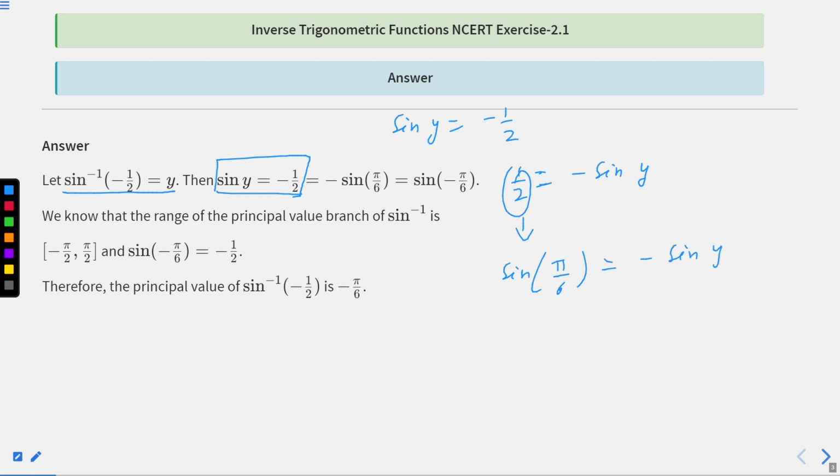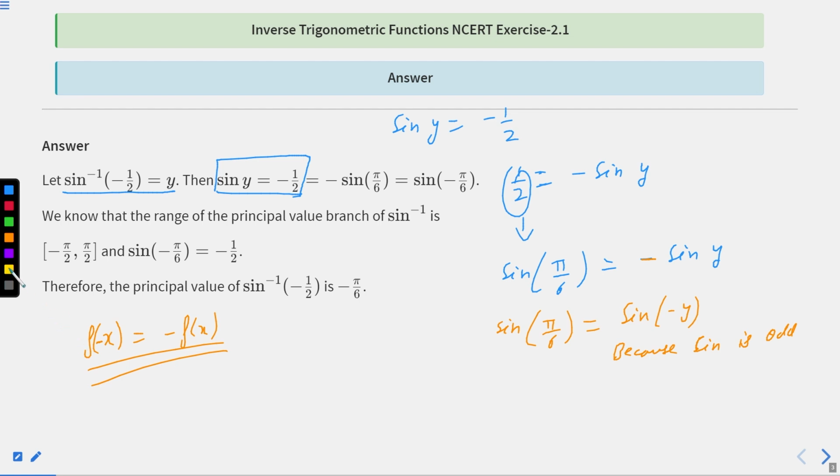Now, we know that sine is an odd function. This means that sine pi by 6 is equal to sine of minus y, because odd functions are those functions where f of minus x is equal to minus f of x, and in the sine function this happens.